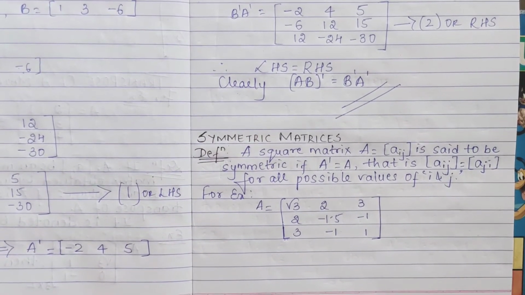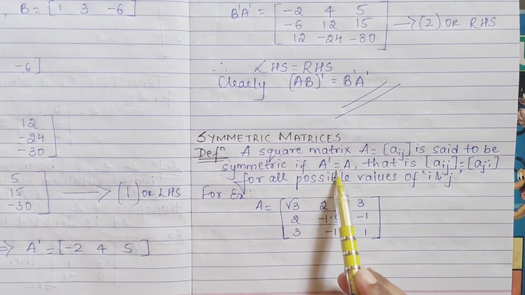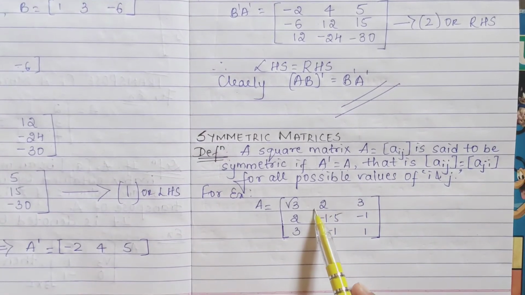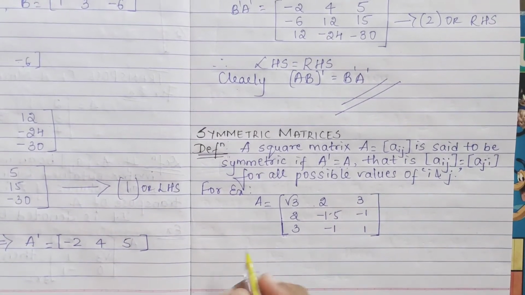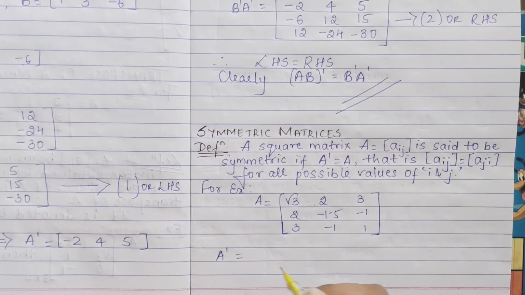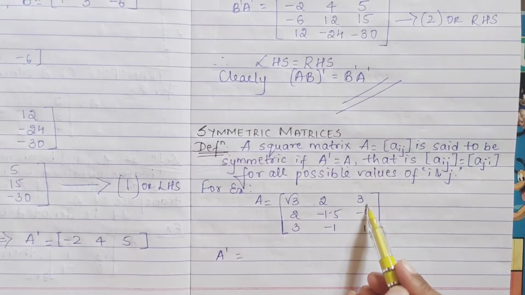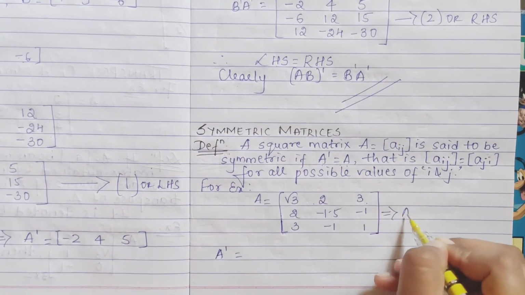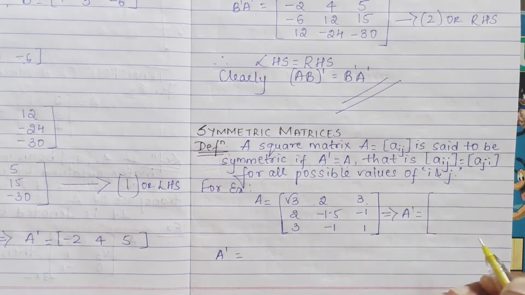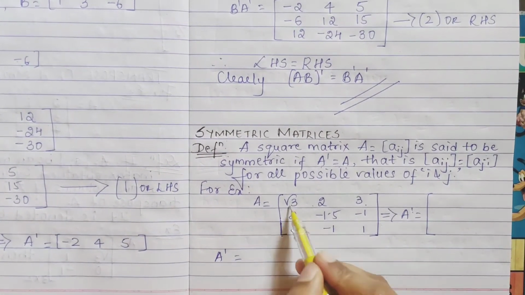So it is a symmetric matrix. What they have said is A transpose should be equal to A. So when they have given you A, you have to find its transpose. Here only, if I write its transpose, you can see row changes to column, right? Better I'll write here only, it will be very clear for you. Row changing to column. What is your first row?